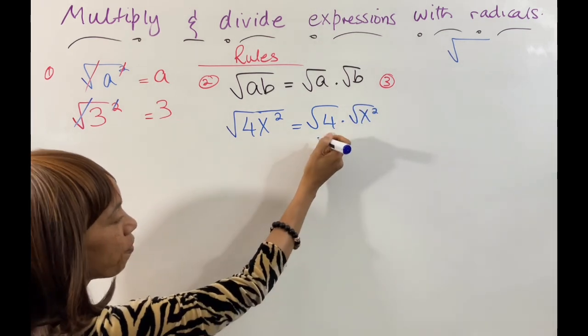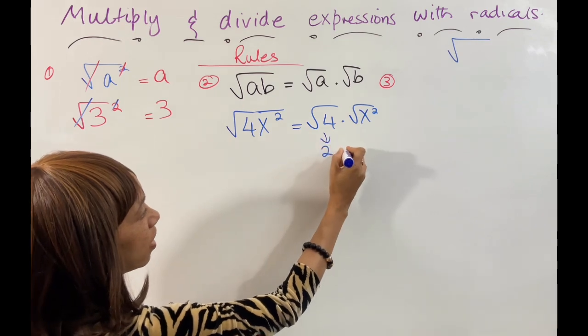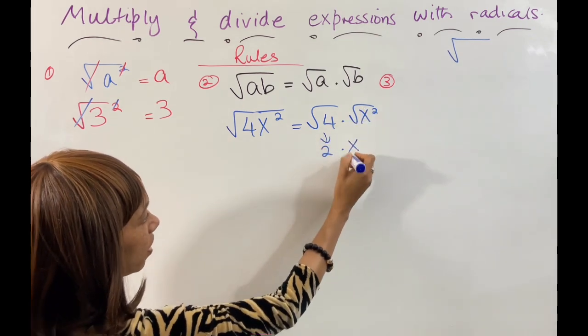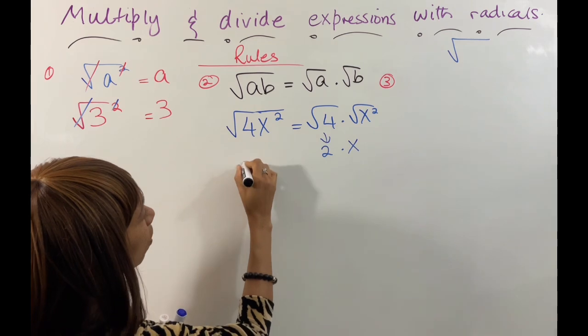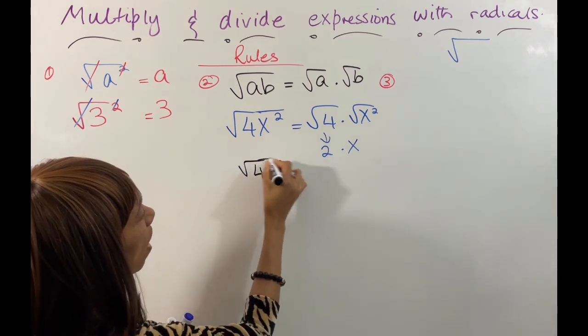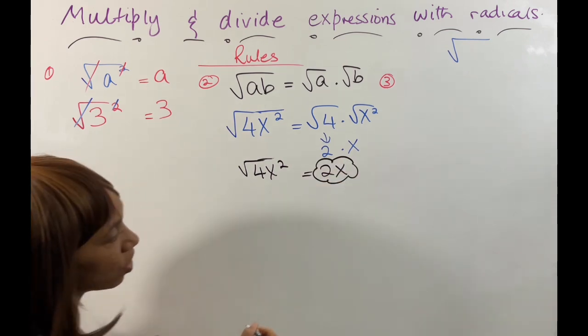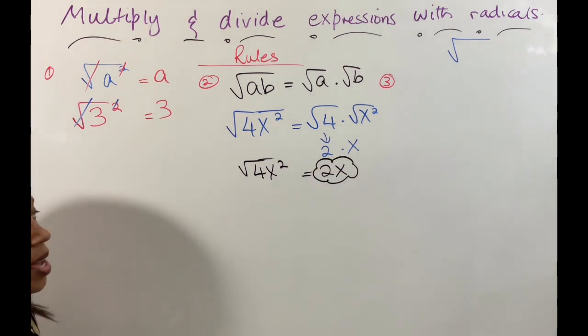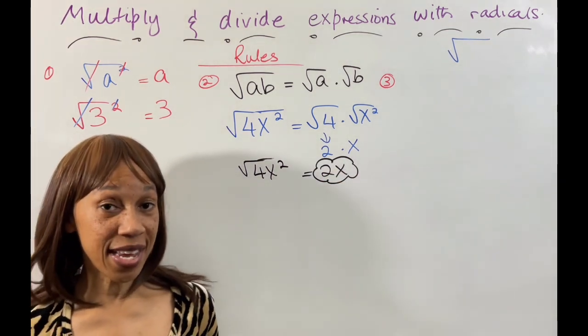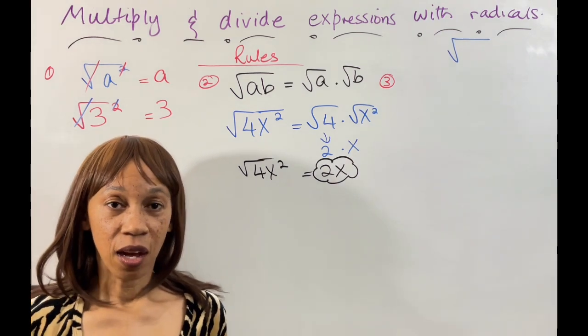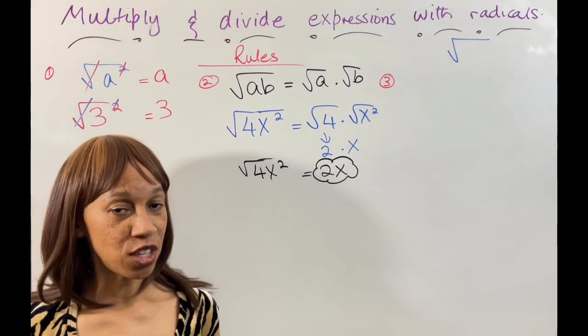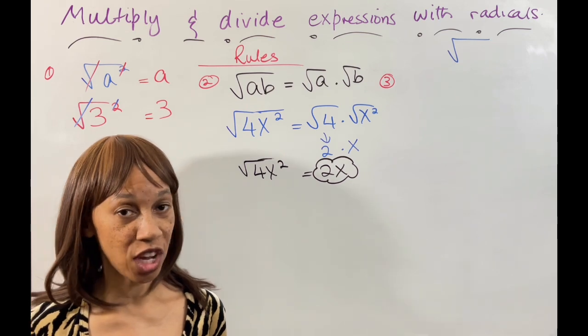Now the square root of 4 is simply 2, and the square root of x to the second power is simply x. Square root of 4x to the second power is going to be 2x, and that is your final answer. Okay?